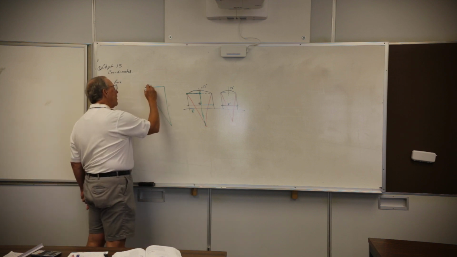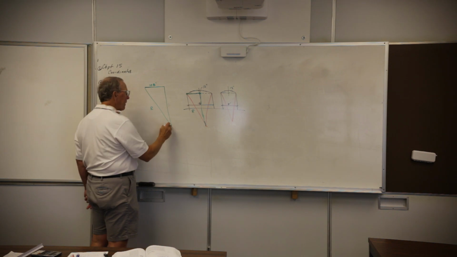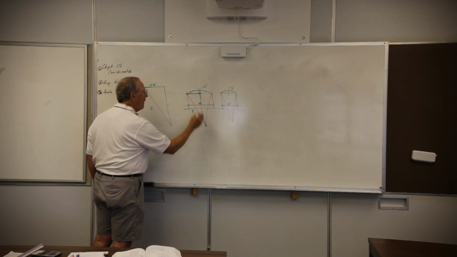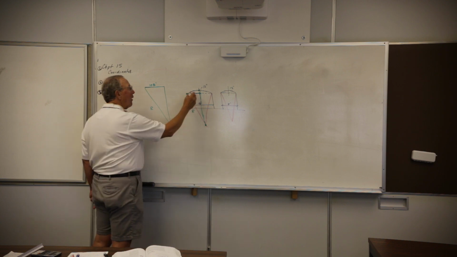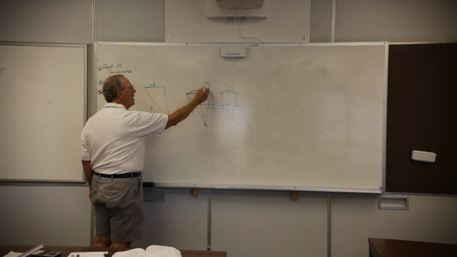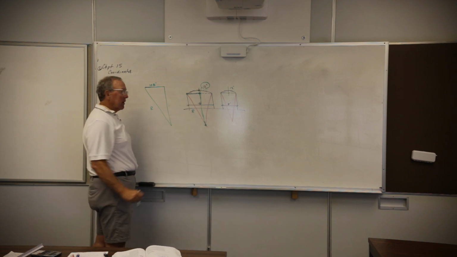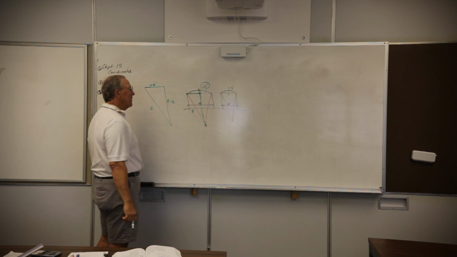So this side is 108 inches. And from here to here is R. Therefore, from here to here is R minus the height of the arc. So this would be R minus 12 inches.